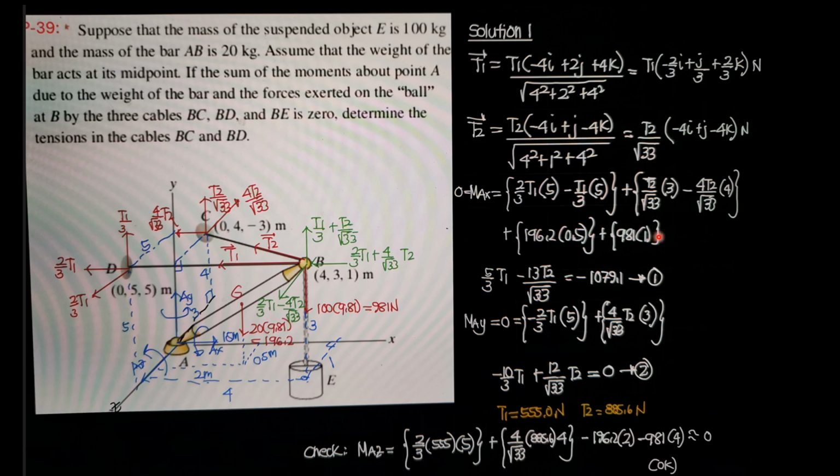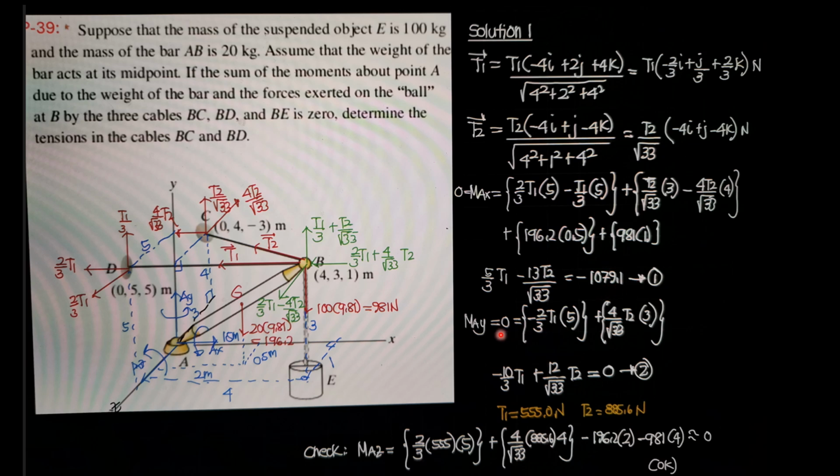Then combining, we have 5/3 T1, 3 over square root of 33 minus 16 over square root of 33 is negative 13 over square root of 33 T2. And these are positive to the right, combined negative 1079.1 newtons.